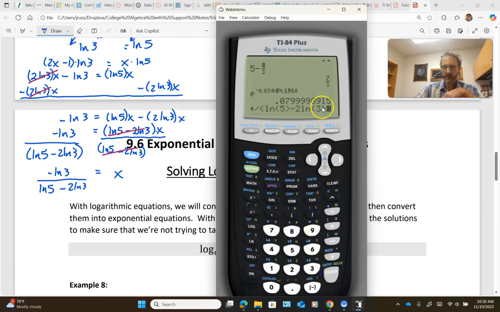Close the 3, and then you need one more parenthesis to close the denominator. Okay, and then hit enter, and this is our decimal approximation.